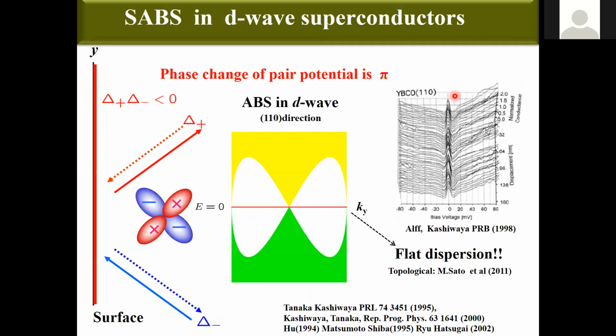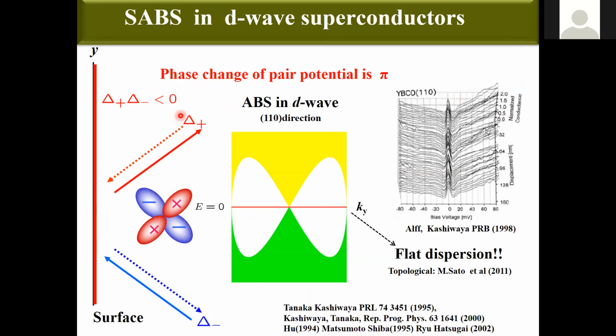Then I'd like to mention the physical meaning or importance of the surface Andreev bound state, to connect to the latter part of the lecture. The Andreev bound state originates from the sign change of the pair potential, where electron and hole are reflected onto different trajectories.